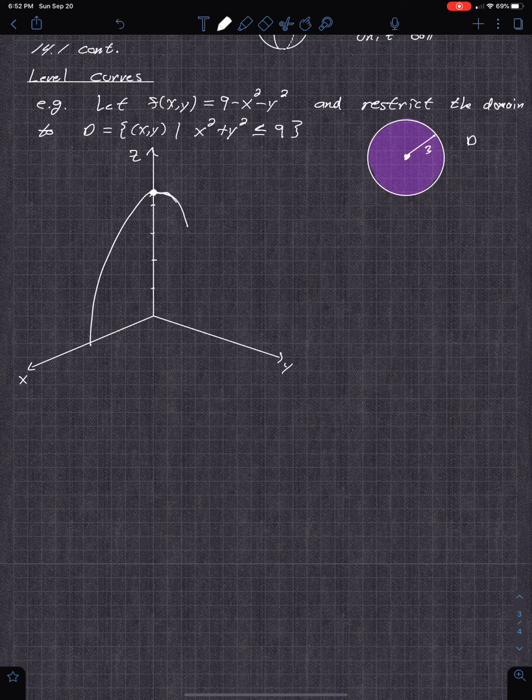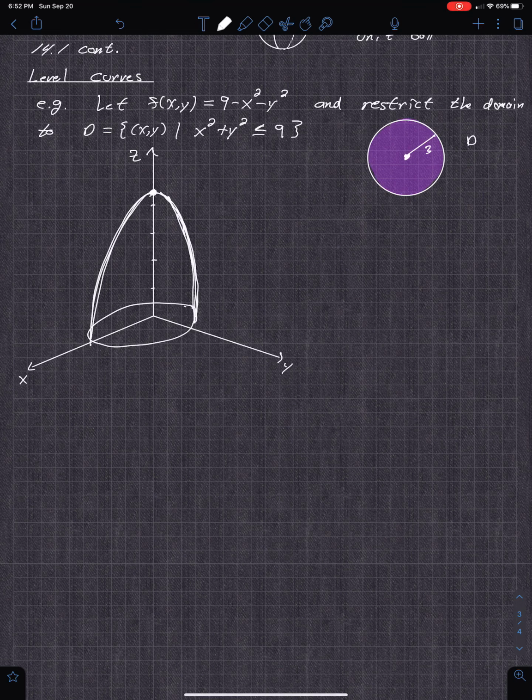No, that doesn't look too good. Let's try that again. So it's going to look like this and like this. And so you hit basically that circle down here. And so it's looking like that, stopping there. We'll just do a sketch.